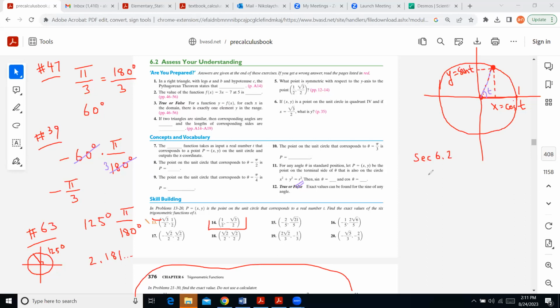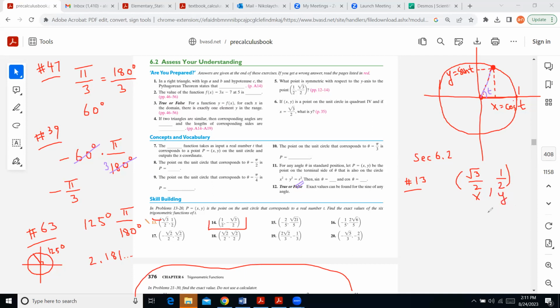And I'm going to take a look at problem number 13, which is going to be a pair, square root 3 divided by 2 and 1/2. So there's two values called x and y, right?